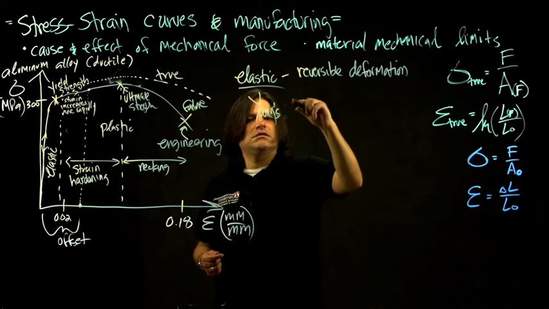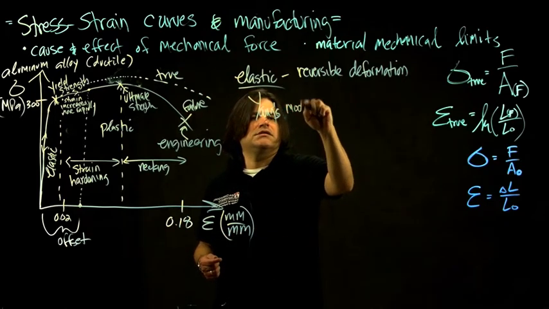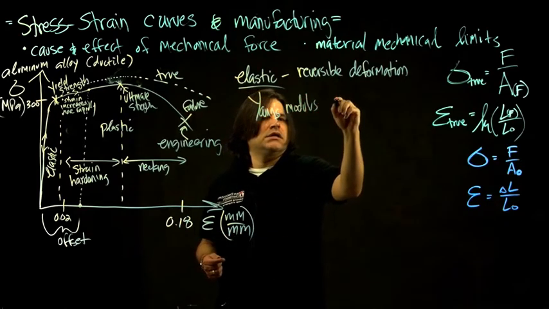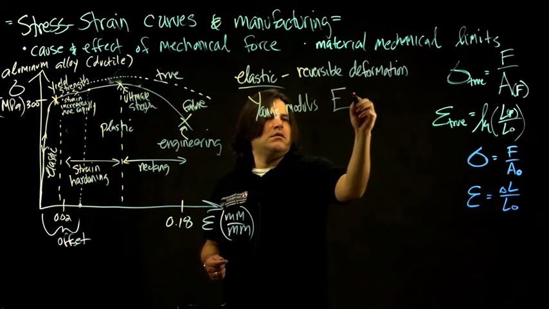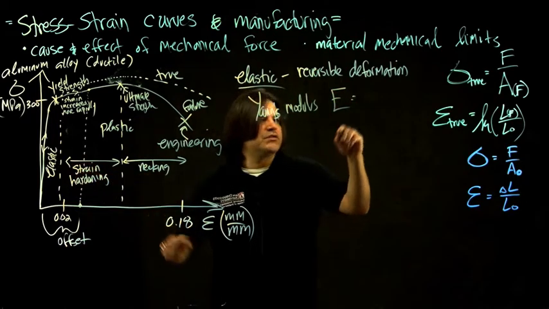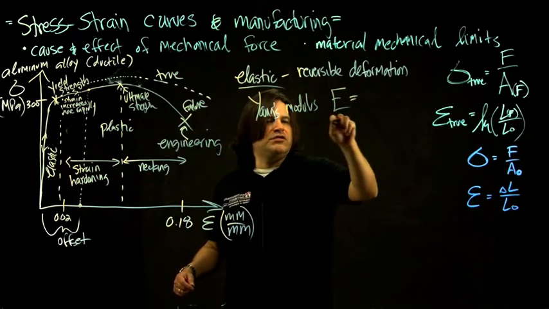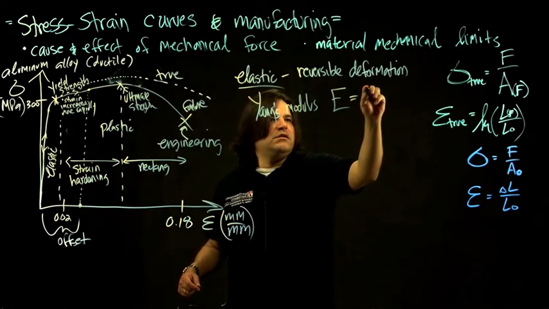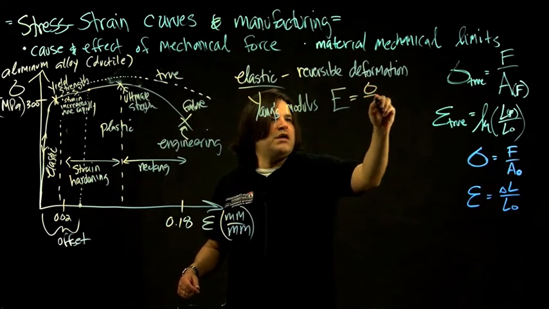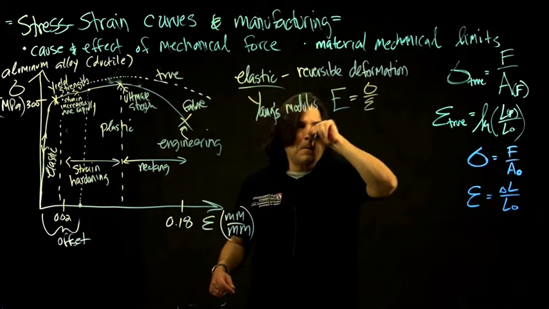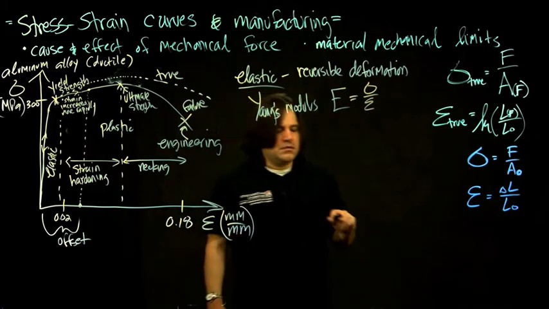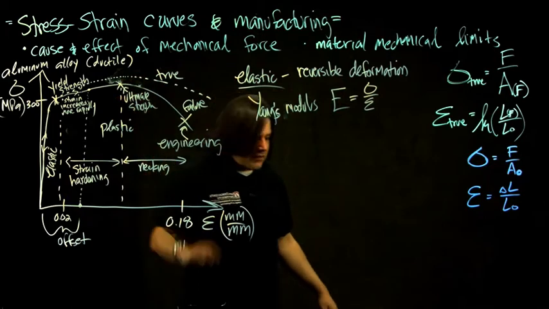This Young's modulus is the slope of this elastic region. So if you're assuming you're elastic, it'll be the relationship between the rise over run. But it doesn't apply once you're outside of that region.